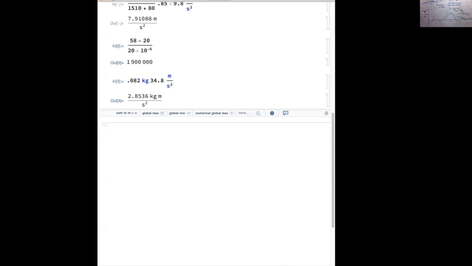You can put in the units in Mathematica if you want to. That gives us 2.85 kilograms times meters per second squared, or also that is a Newton.